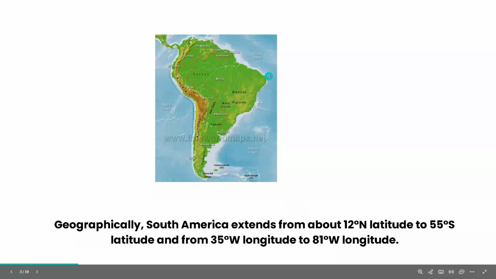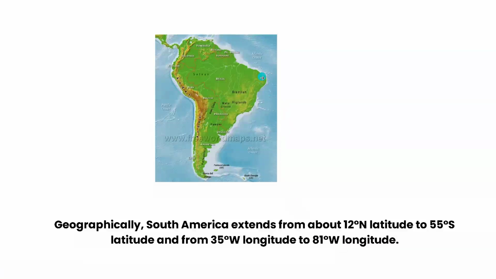So in the Western Hemisphere, South America is in the southwest, south of the equator, and the equator passes through here. In the northern part of South America the equator passes through it, the major part of the continent lies in the Southern Hemisphere, and the full continent is in the Western Hemisphere.